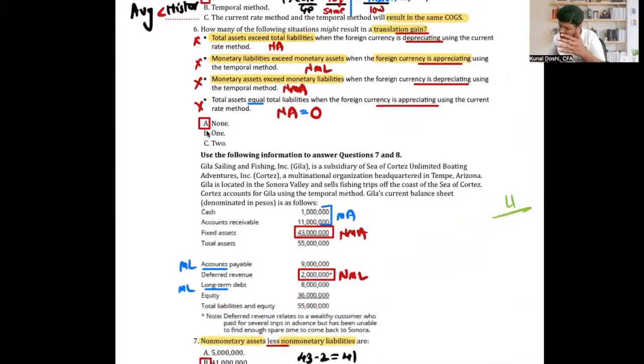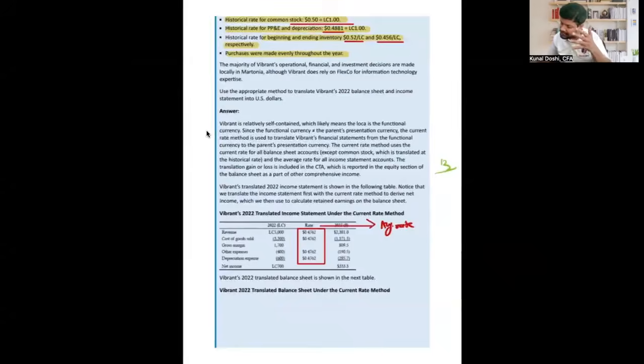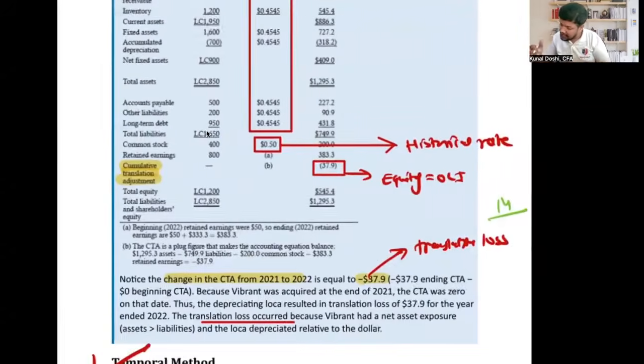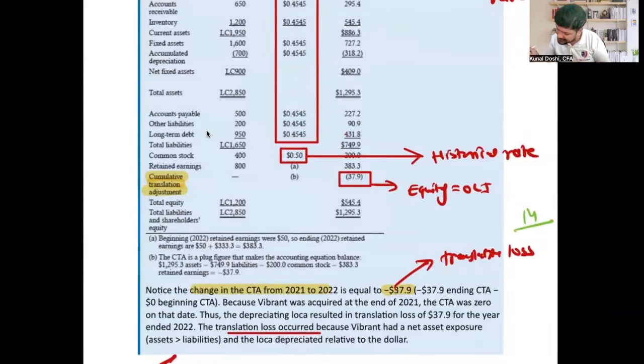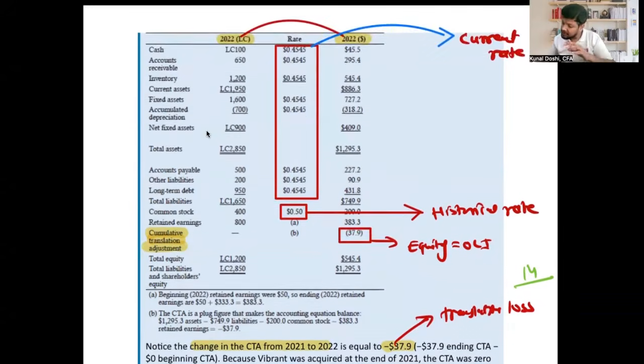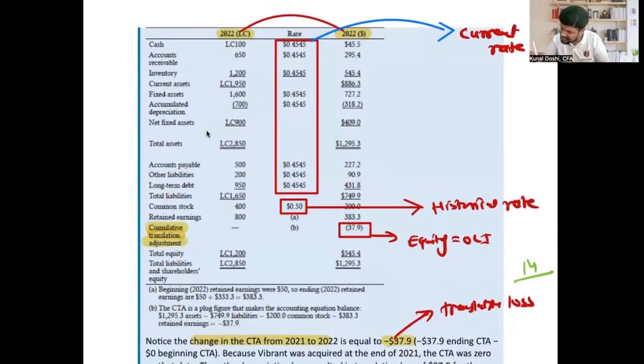When we see the calculations, we have been given examples. If you see here, after converting all the assets and liabilities, remember in the balance sheet, monetary assets and liabilities are recorded at the current rate, except the common stock. So you will see all the cash and monetary and non-monetary assets under the current rate method are at the current rate, except common stock, which is at the historical rate.